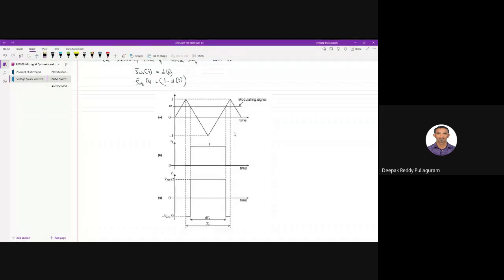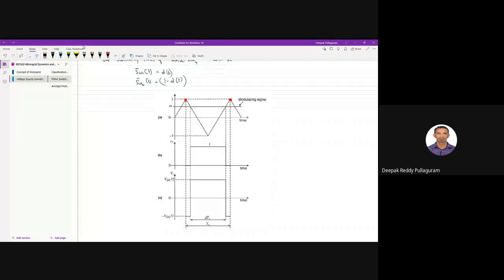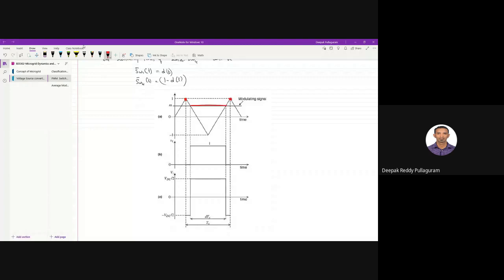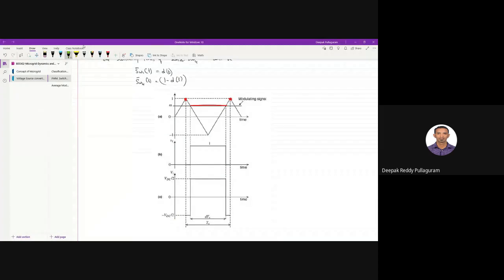Now, from this peak to peak is the switching time constant. The on time duration for switch 1 is from here to here, and the on time duration for switch 2 is this one.